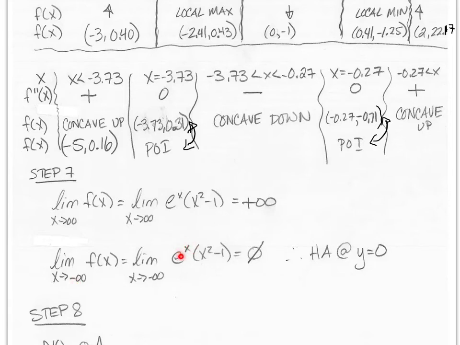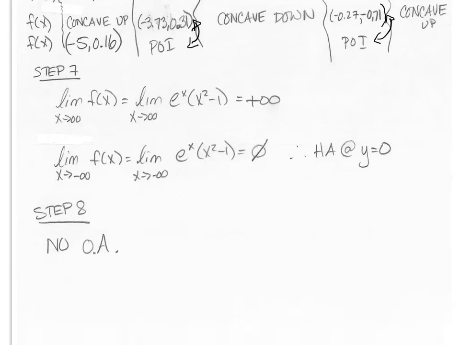If I let this go to negative infinity, this whole term will actually be going to 0. So 0 times a number here is going to be 0 overall. Kind of interesting. So that means I will pick up a horizontal asymptote as x goes to negative infinity right here. And you'll see what that looks like when we get to the graph.